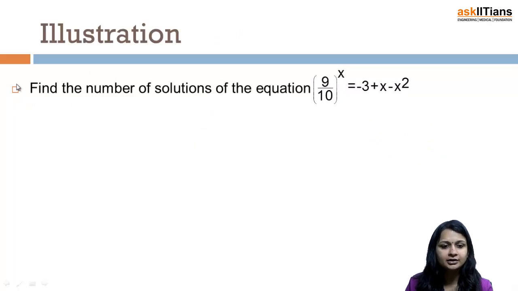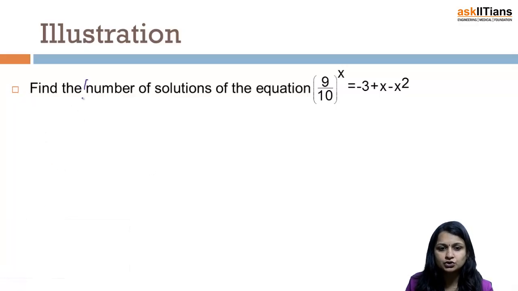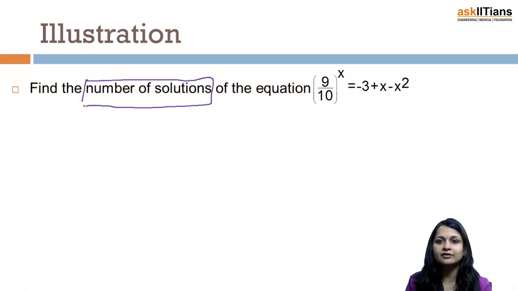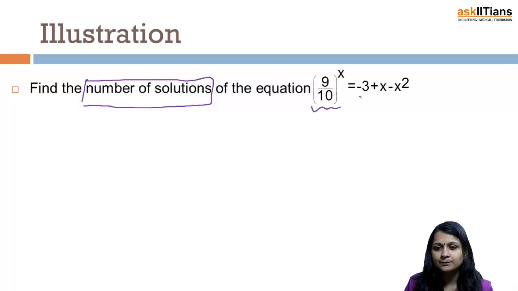Now let's see here. The question says that we have to find the number of solutions for the equation (9/10)^x equal to minus 3 plus x minus x square.